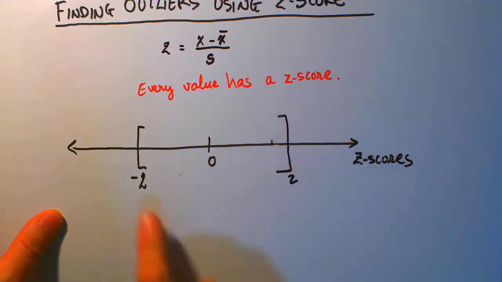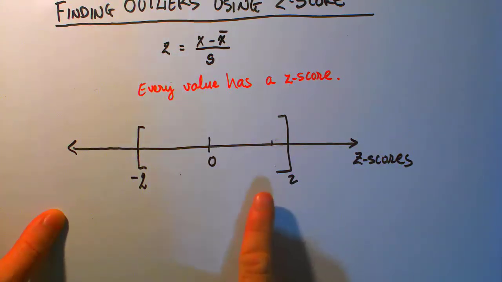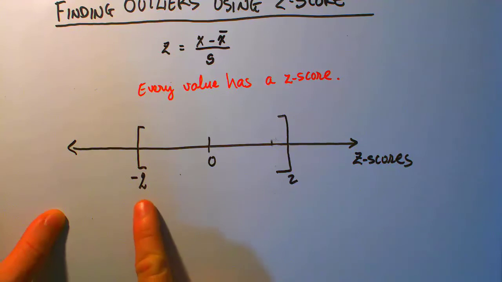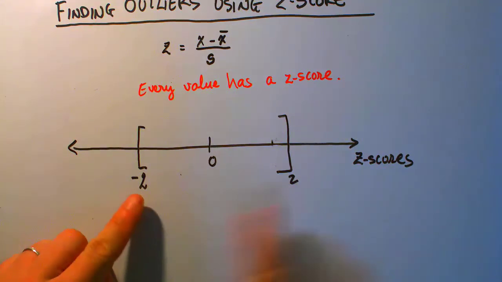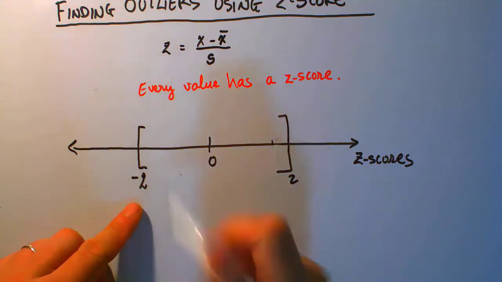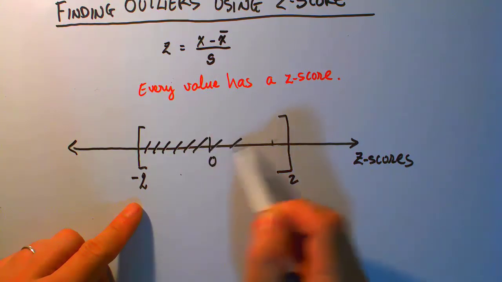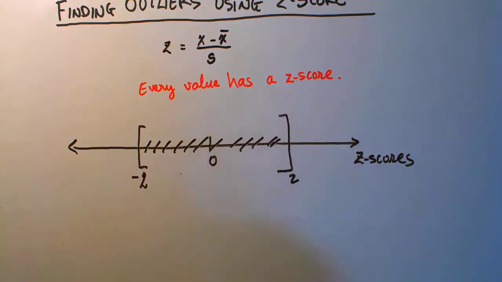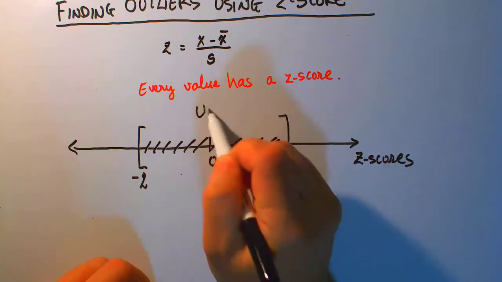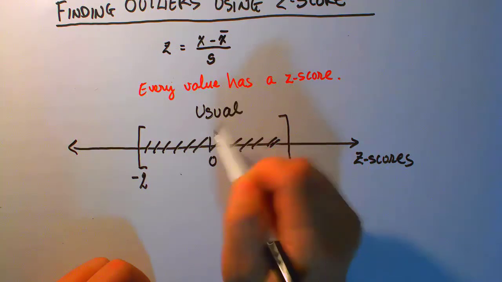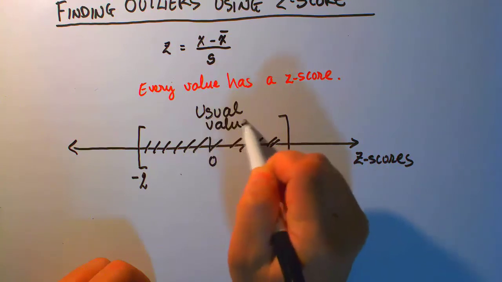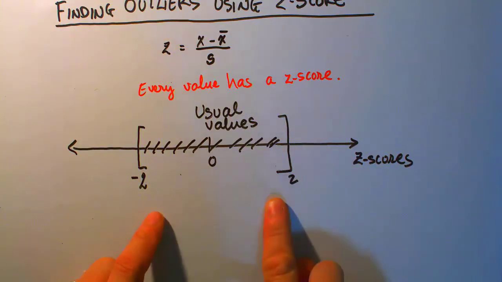In a data set, those data values having a z-score anywhere from -2 to 2 are what I call the usual values, meaning there is nothing special about those data values.